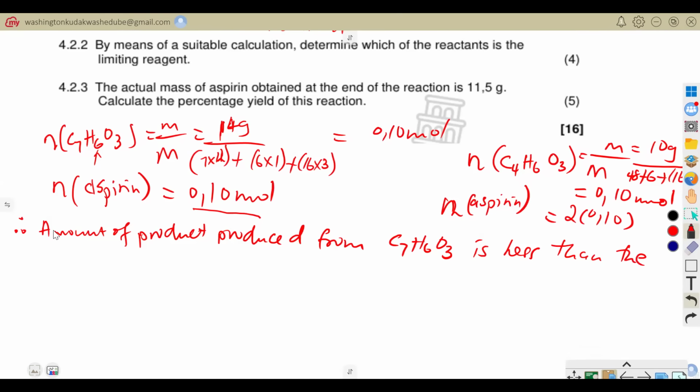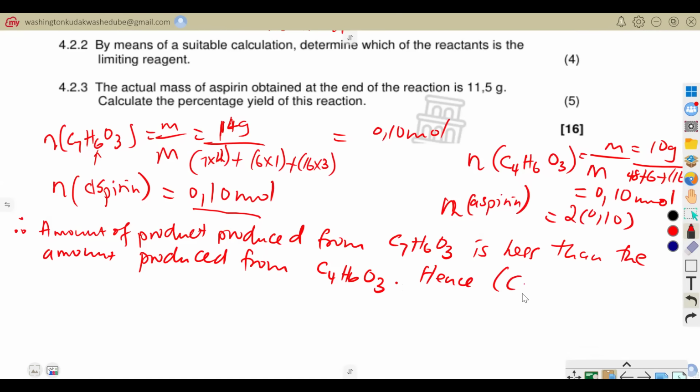the amount produced from acetic acid, which is C4H6O3.